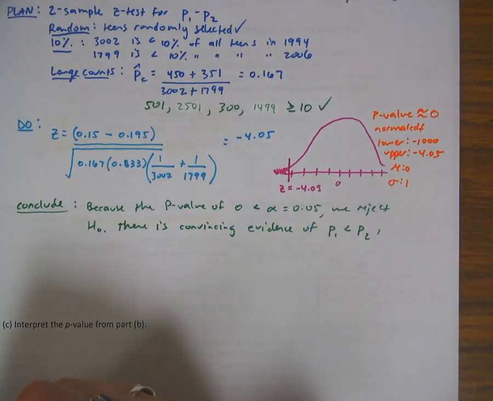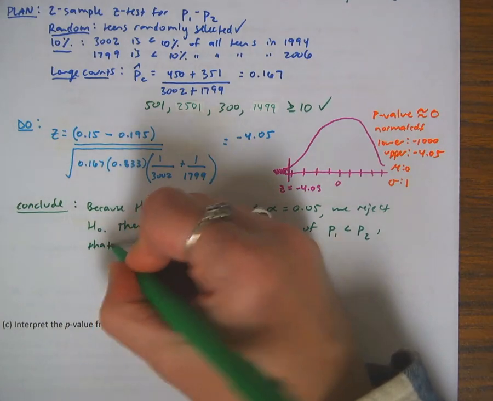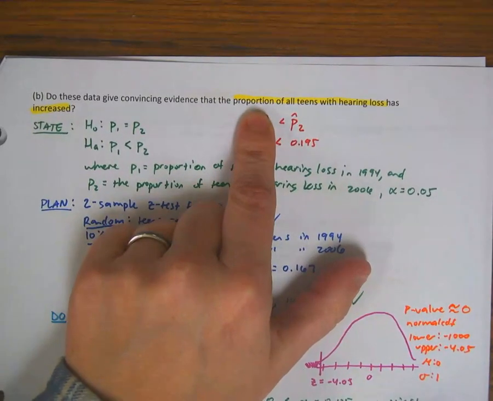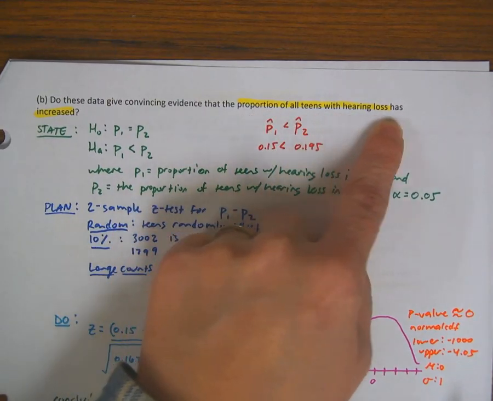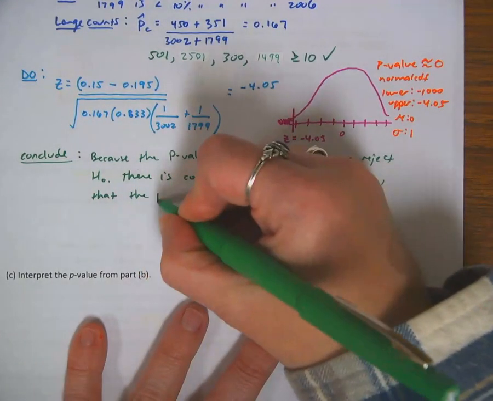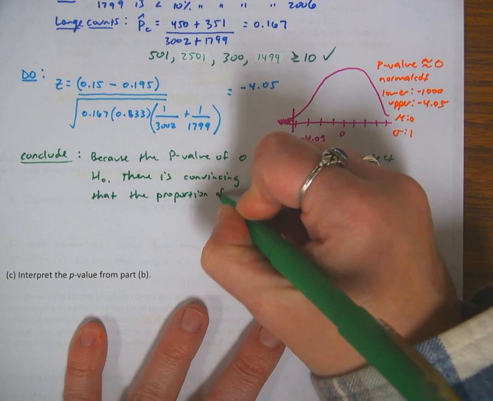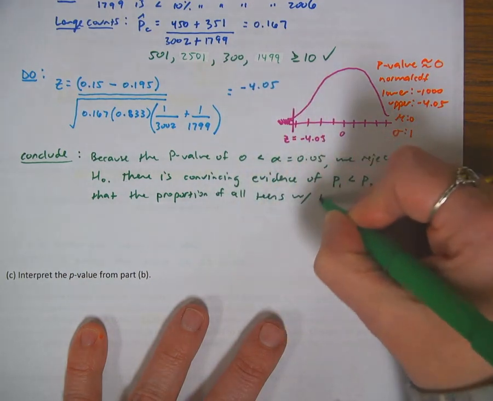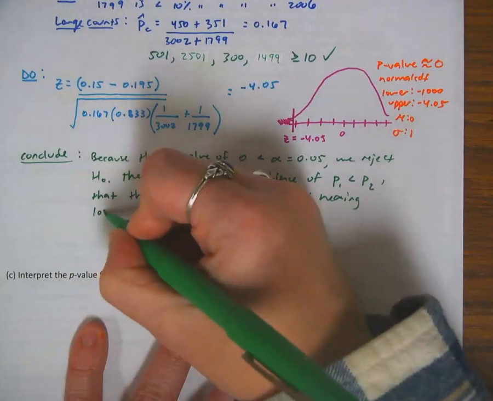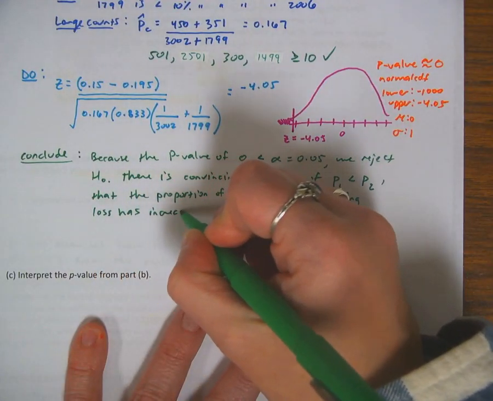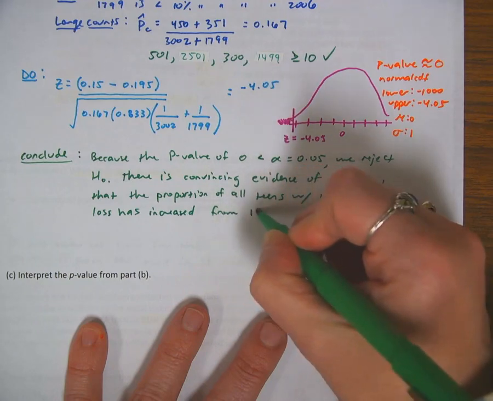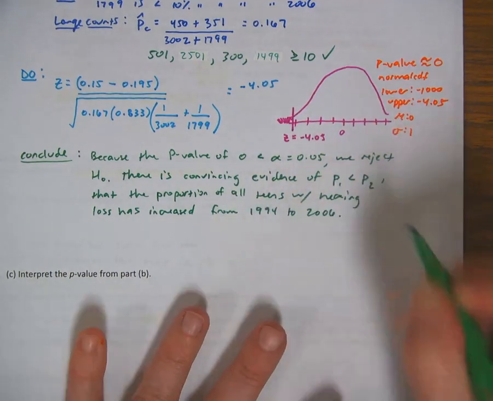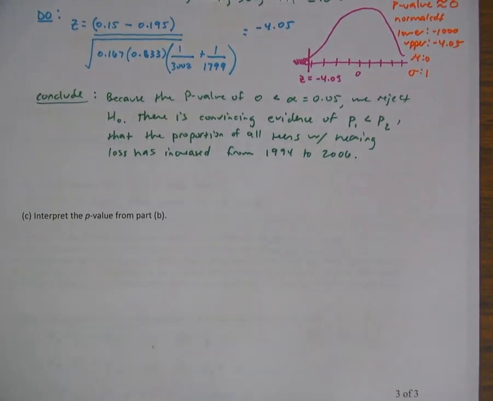There is convincing evidence of that, and you can actually just use the verbiage from the question. Oops, it's at the top of the page. There is convincing evidence that the proportion of all teens with hearing loss has increased from 94 to 2006. We don't have to say in teens like these because it was not an experiment.